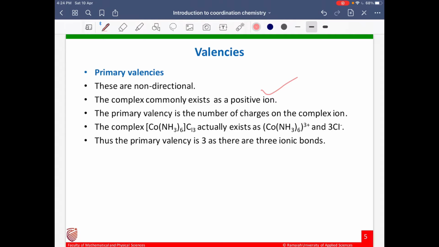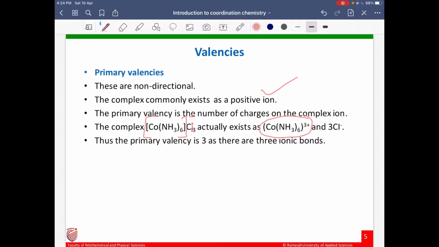The complex [Co(NH3)6]Cl3 actually exists as [Co(NH3)6]3+, one ion, and 3 Cl- ions.